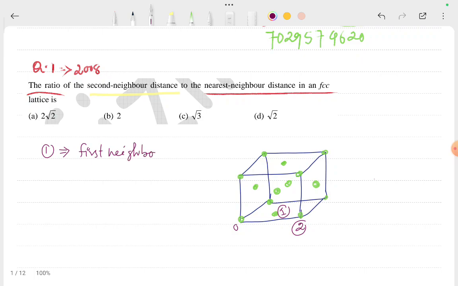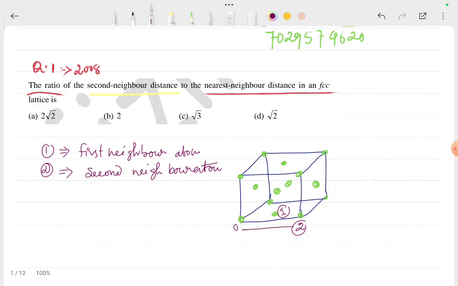We already know how to calculate the first nearest distance and the second nearest distance.